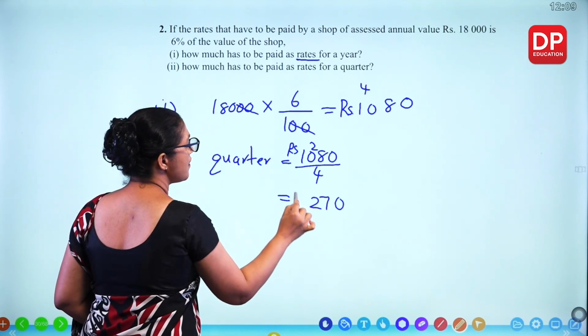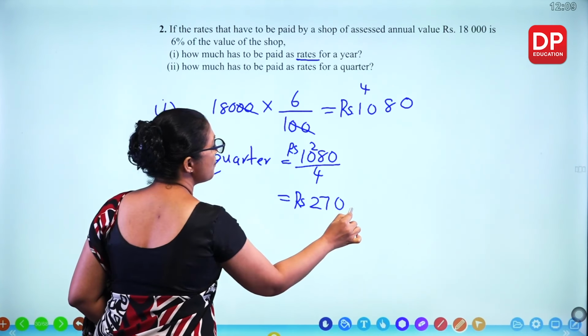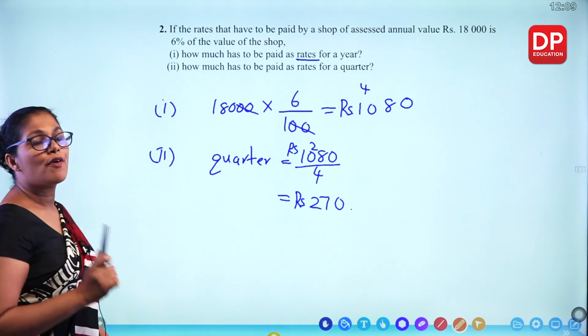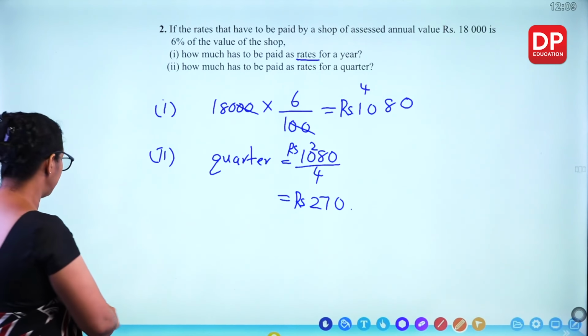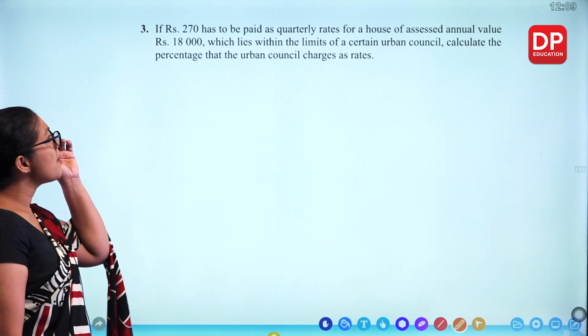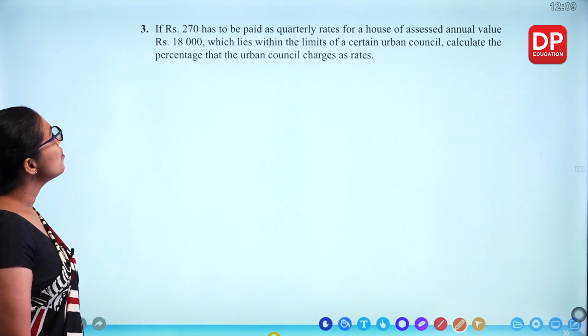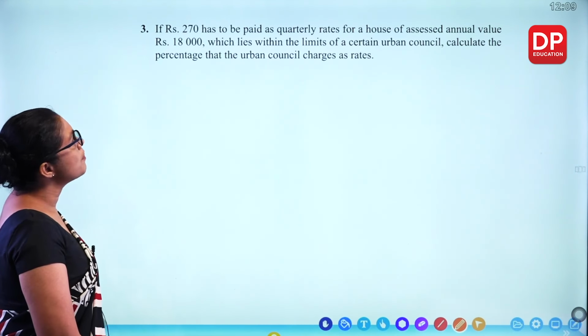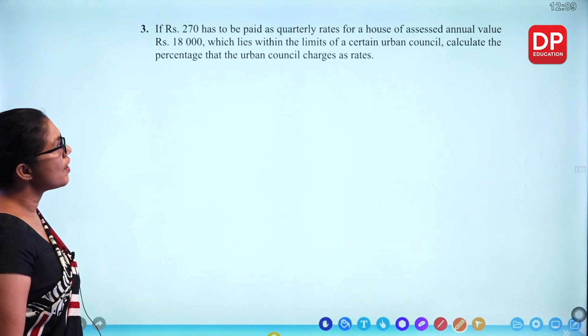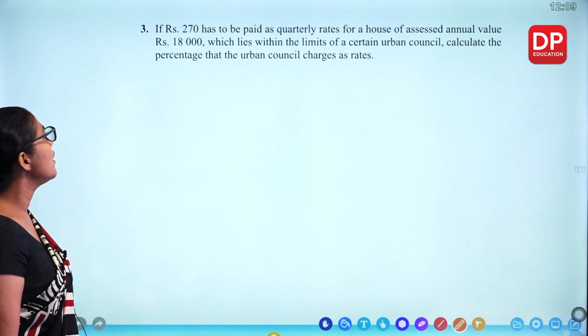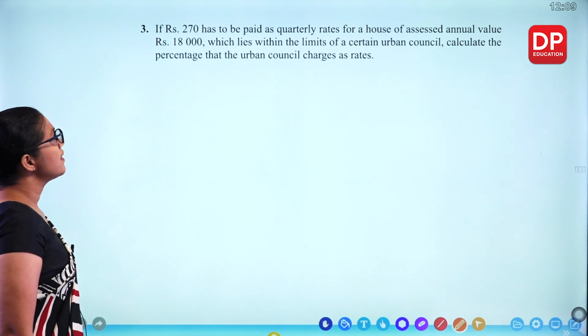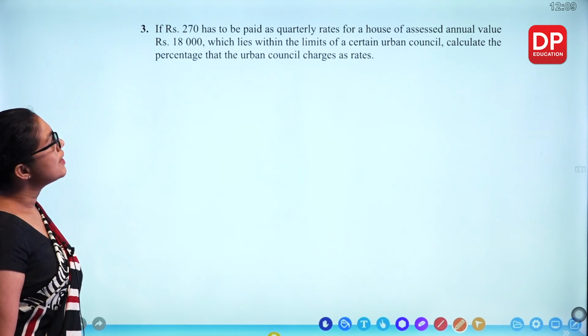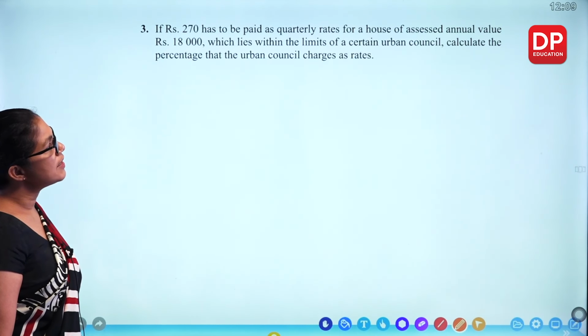So 270 rupees you have to pay for a quarter. Question number 3. If 270 rupees has to be paid as quarterly rates for a house of assessed annual value worth 18,000, which lies within the limits of a certain urban council, calculate the percentage that the urban council charges as rates.